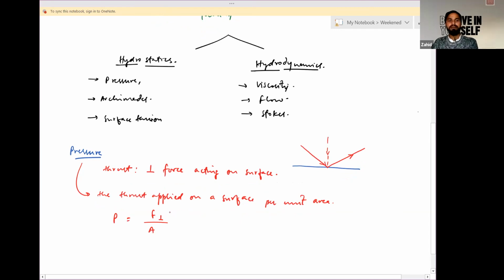Force is measured in Newton, area in meter square. So the SI unit is Pascal or Newton per meter square. Since there is no proper direction for these two terms, it is a scalar quantity. Is it clear?